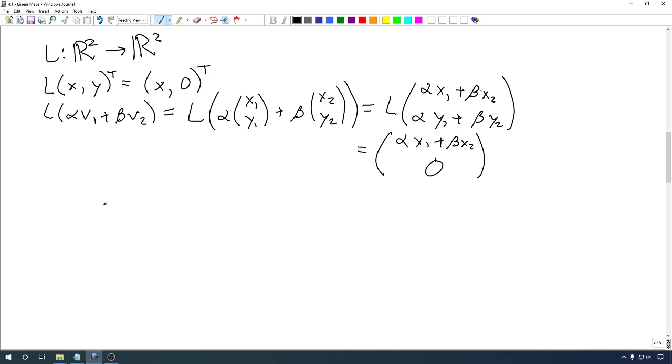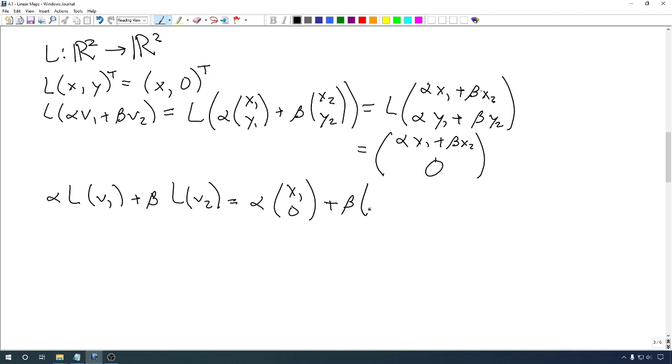Now, is that the same thing as if we took alpha L of v1 plus beta L of v2? Well, v1 is just (x1, y1), so when we put it through L, we just get the vector (x1, 0). And the same kind of thing for v2. We just get (x2, 0).